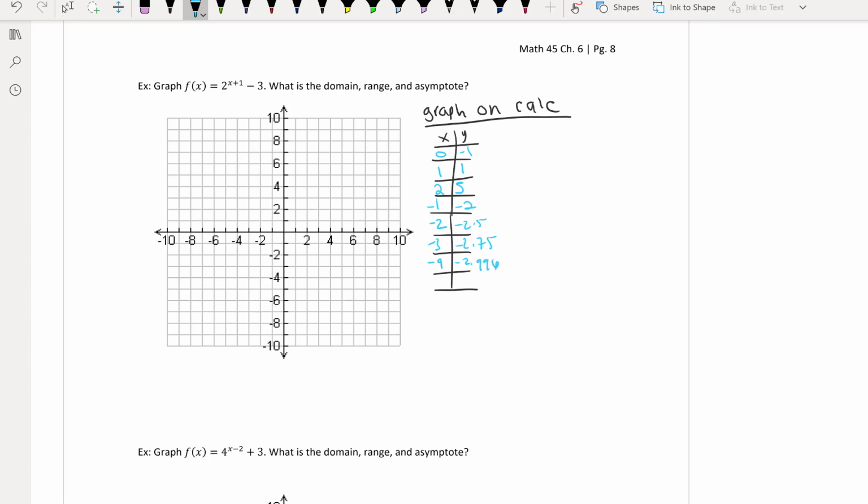So it looks like I never actually get to -3. This -3 also tells me that the asymptote is moving down 3. So at -3, I have my asymptote. And you can also see that by the values.